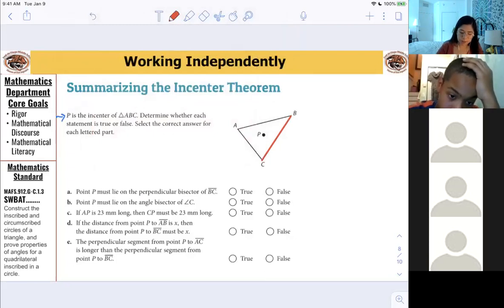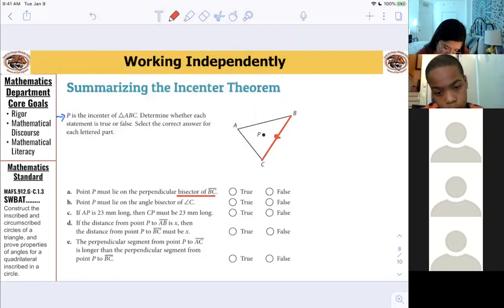Okay, not triangle ABC, but here it's saying the bisector of side BC. So it would cut this in half and create a 90-degree angle. Very good. Does that cross point P? Oh wait, no. I'm just eyeballing it here, but I'm pretty sure that's not going to cross through point P.